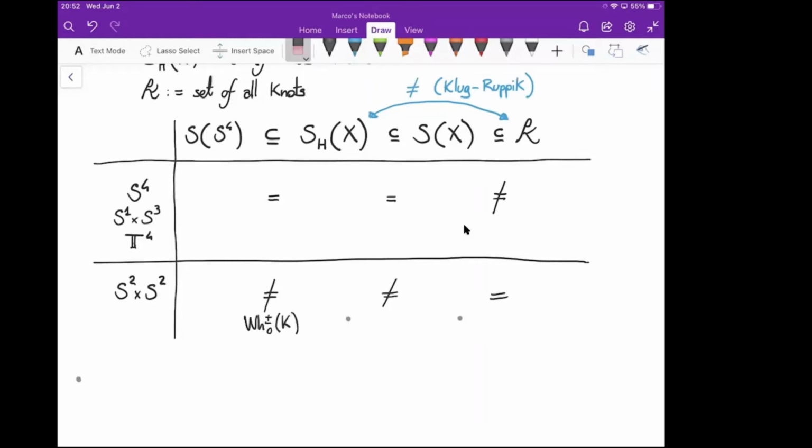And some examples here are the zero-framed weighted doubles of, sorry, zero-framed weighted doubles of, let's say, a knot with tau non-zero are always non-slice.